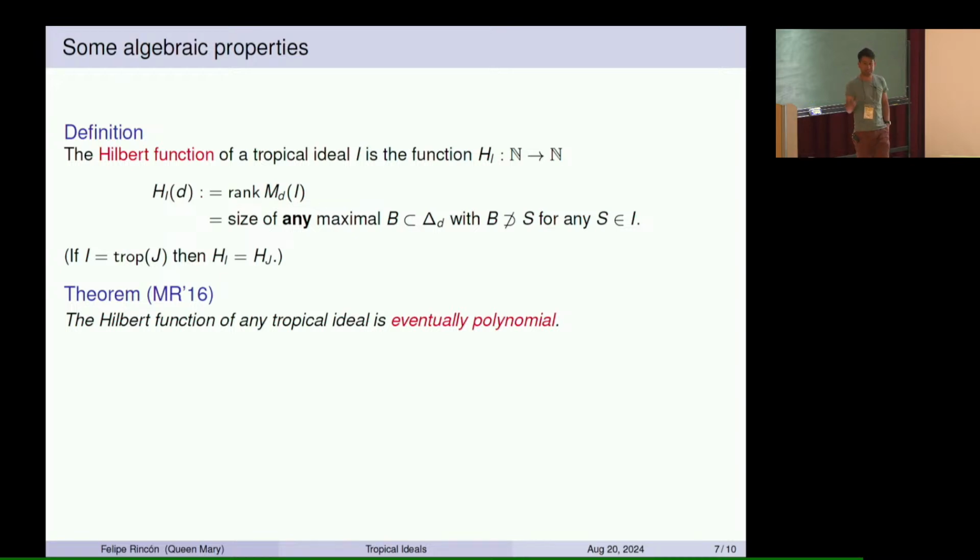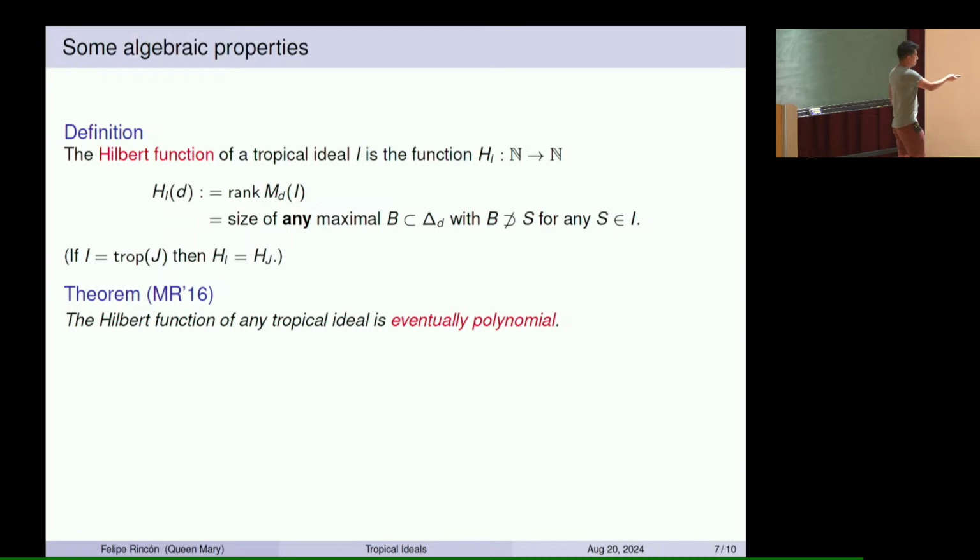So for instance, one thing you can do is define the Hilbert function of these objects. The Hilbert function is just the function that for every degree d tells you how big the matrix is in degree d, meaning what the rank of that matrix is. So M_d is just the ideal truncated to monomials of degree at most d, and the Hilbert function for degree d gives you the rank of that matrix.